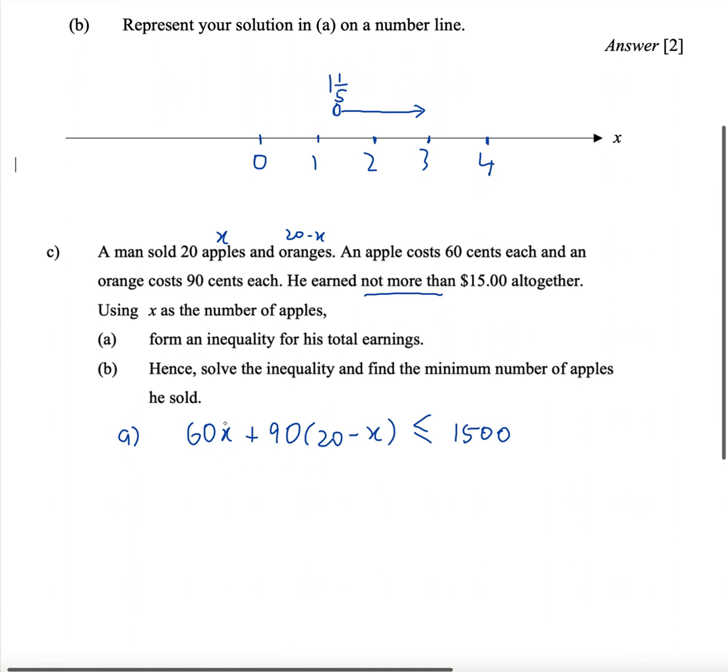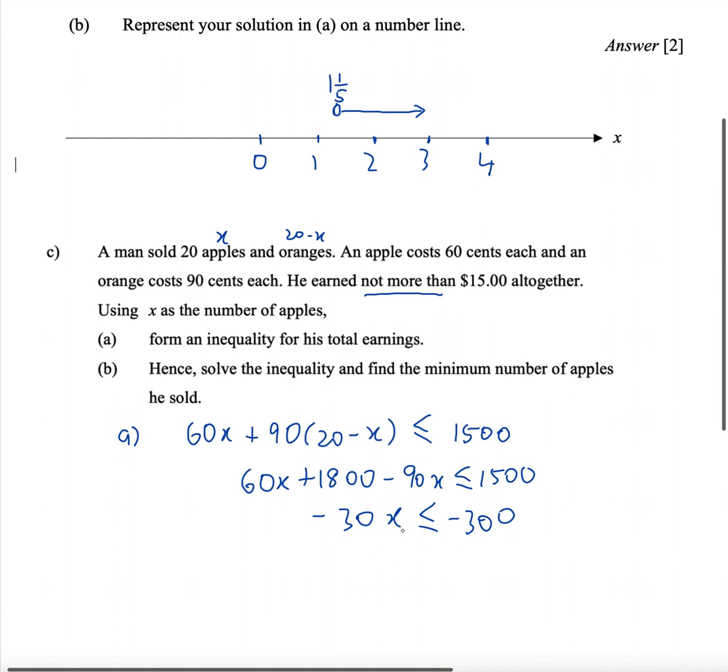Opening this up, 60x plus 1800 minus 90x. So here is minus 30x is less than or equal to 1500 minus 1800, which will be negative 300.